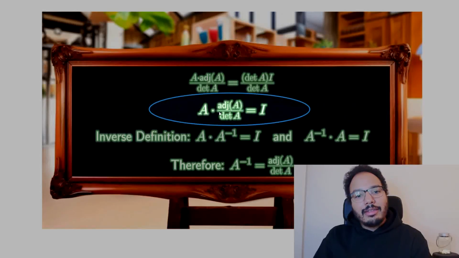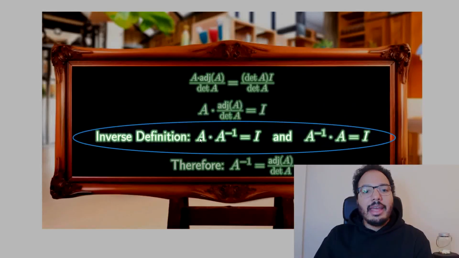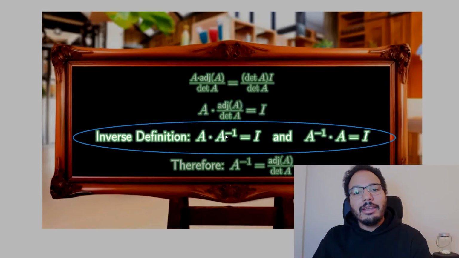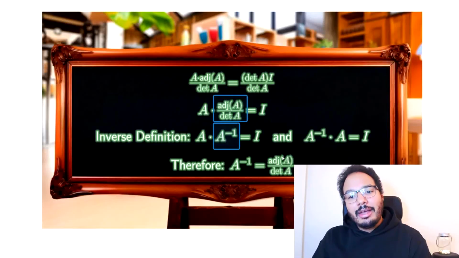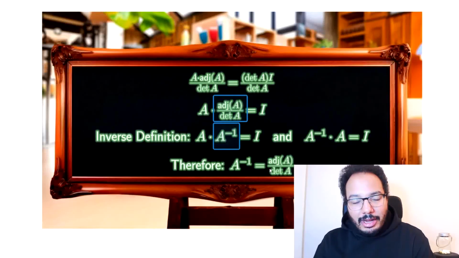So we have A times the adjugate of A divided by determinant of A equals I. And as you will remember, the inverse definition is A times the inverse of A, or A inverse, equals I, and the other way around, A inverse times A also equals I. And as you can see, this A inverse over here can be replaced by this part. So we have A inverse equals adjugate of A divided by determinant of A.